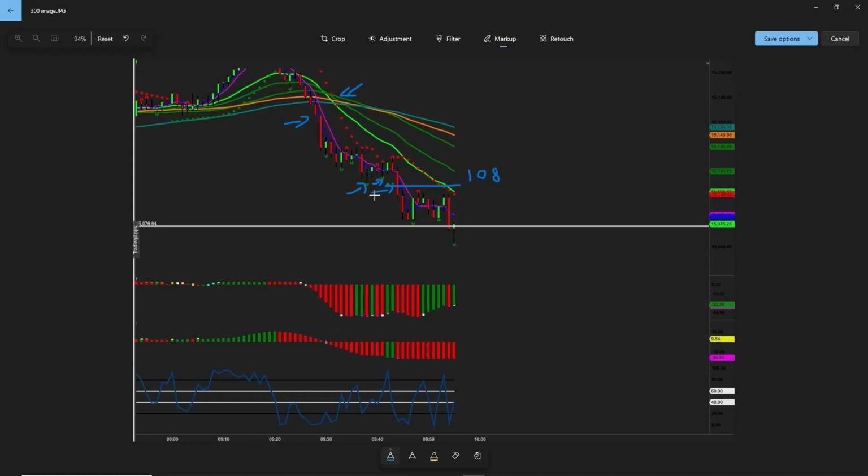Another signal I did see is that this bearish candlestick had a momentum shift moving downward as it started to reach this green moving average, indicating that this green moving average started to act as a resistance line.